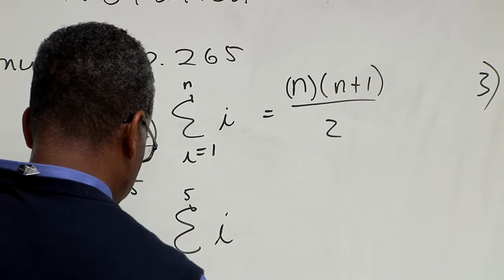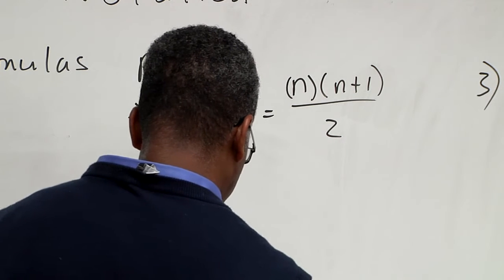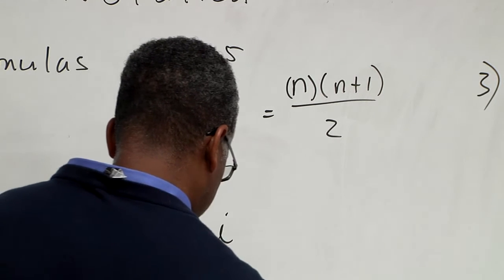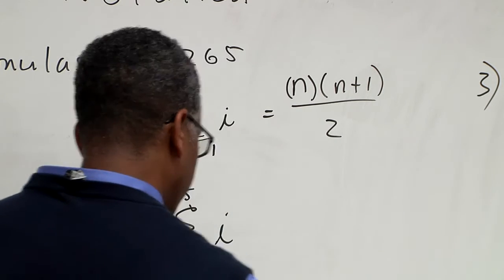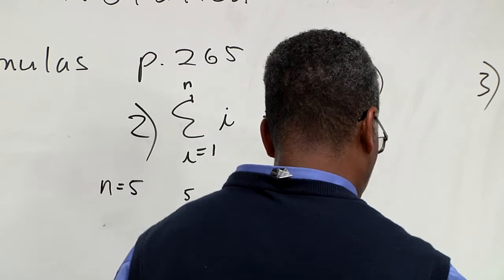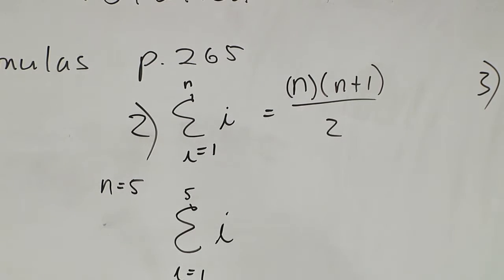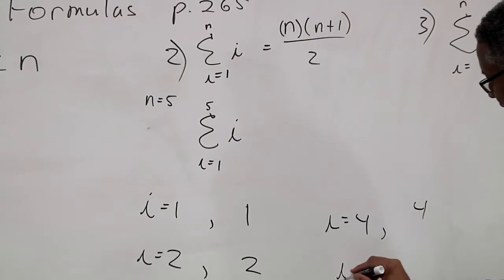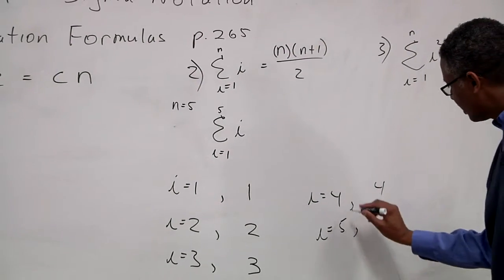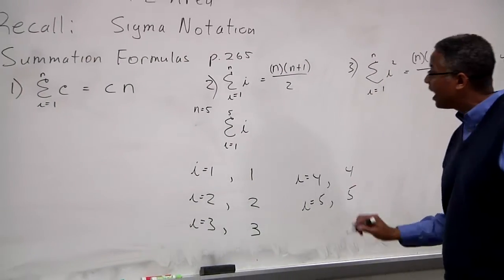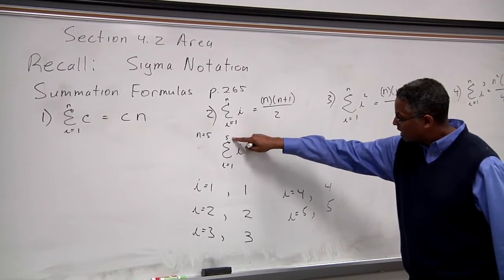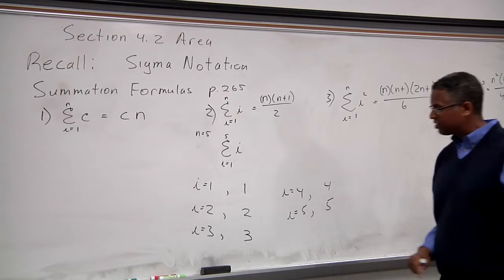At i equals 2, i simply equals 2. At i equals 3, i simply equals 3. At i equals 4, i simply equals 4. And at i equals 5, i simply equals 5. And what the summation means is we stop at 5, and then we add up all the numbers that we obtain.